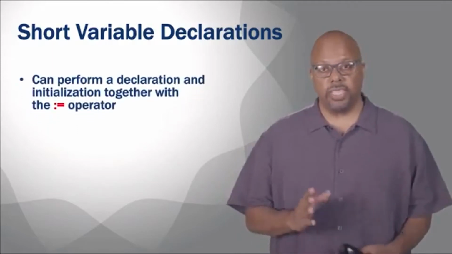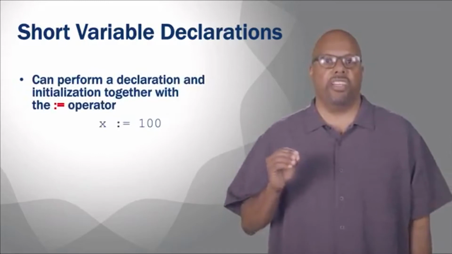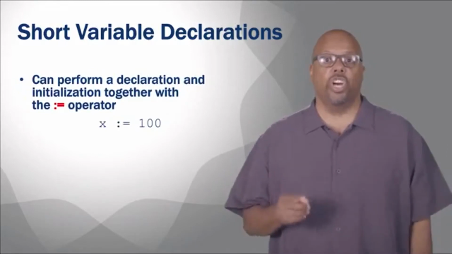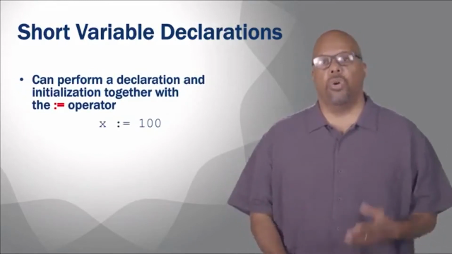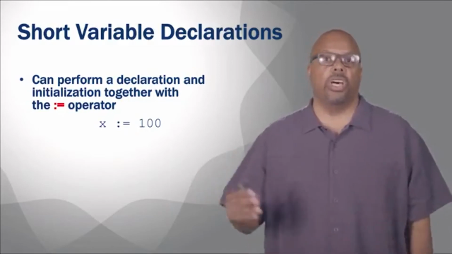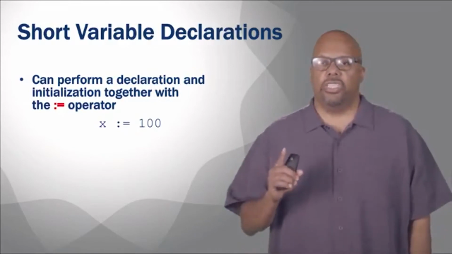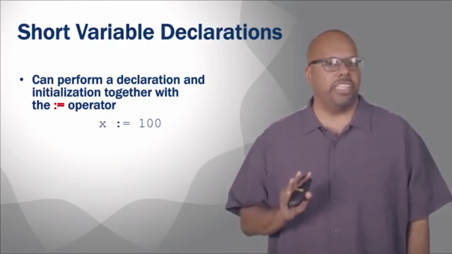Now, another way to initialize variables is using a short variable declaration. In this case, you're performing the declaration and the initialization together using a colon equals operator. So, like there on the slide, x colon equals 100. When you say that, this is a case where x has not been declared yet, right?